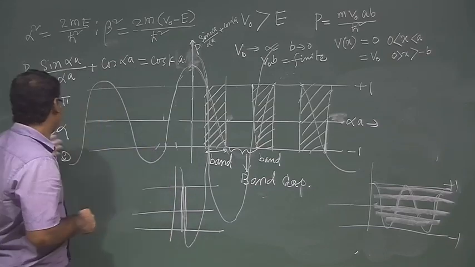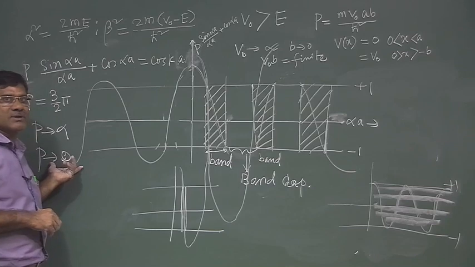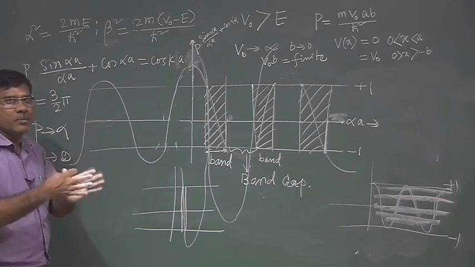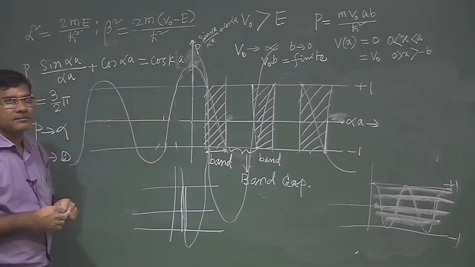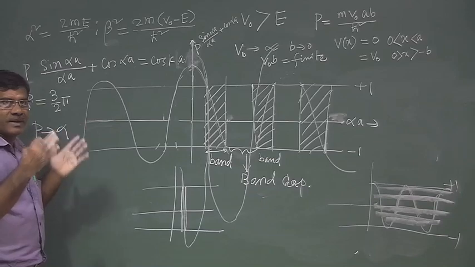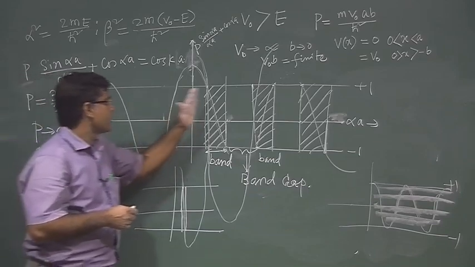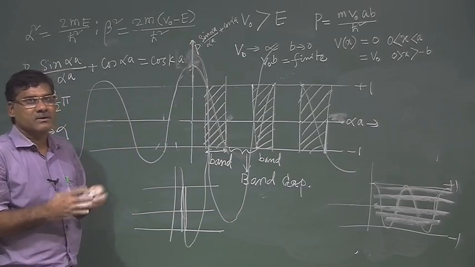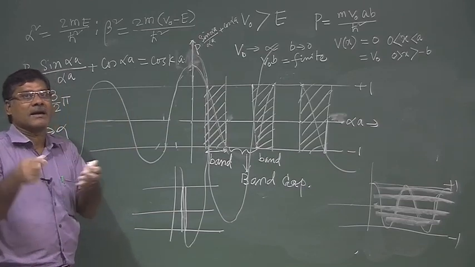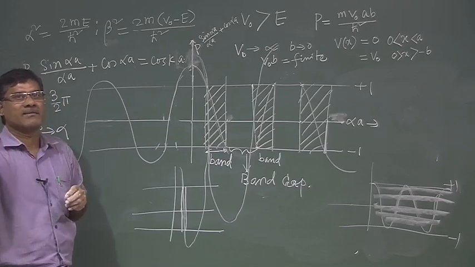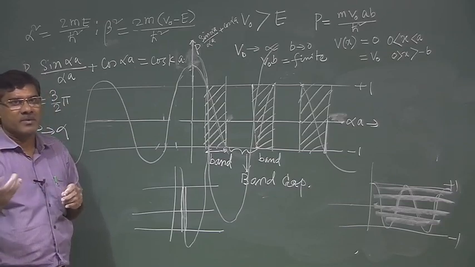So, when the p value is small, tends to 0, it behaves like a free particle, there is no potential, and when it tends to infinity, it is a very hard barrier, and for a very hard barrier, the electron is confined like in an atom. Okay. So, you will get just sharp energy levels. So, bands will not be there.